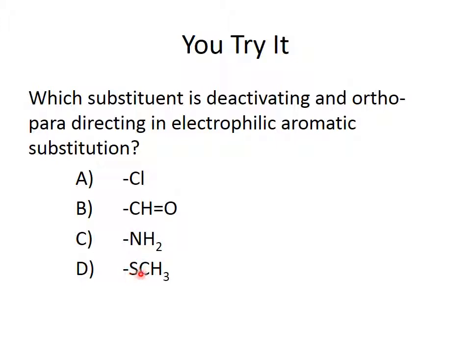The sulfur is going to be a mild activator with its non-bonding pairs. It would be a poor activator because the non-bonding pairs aren't going to overlap well with the pi system, but it's not a deactivator. What is this? This is deactivating and it's an ortho-para director. So the correct answer is A.